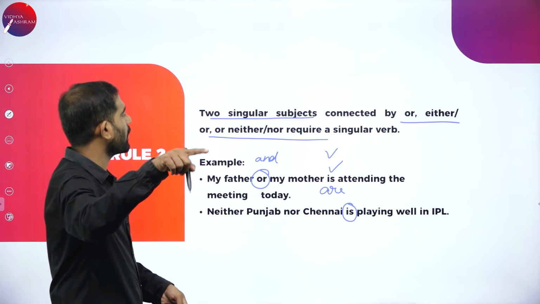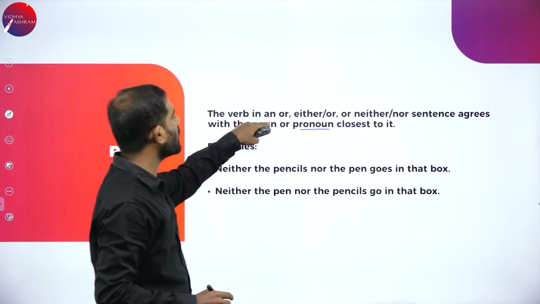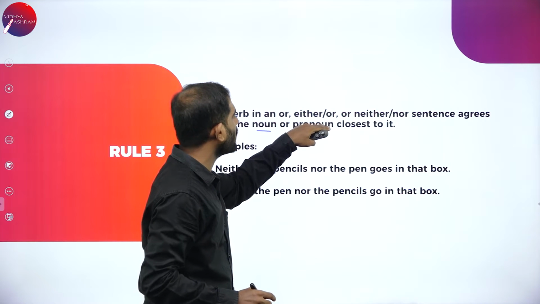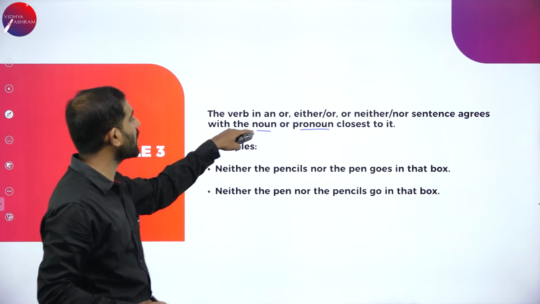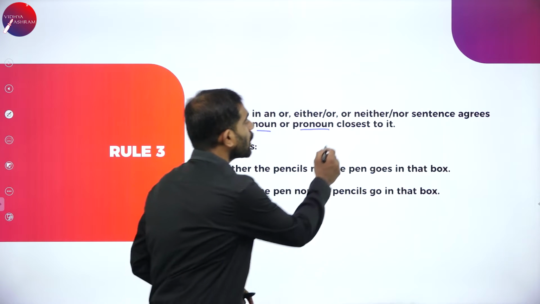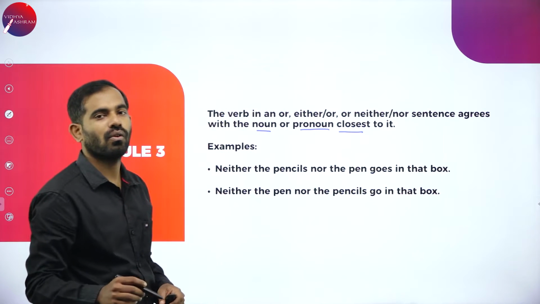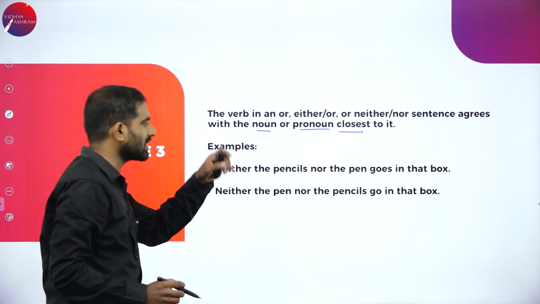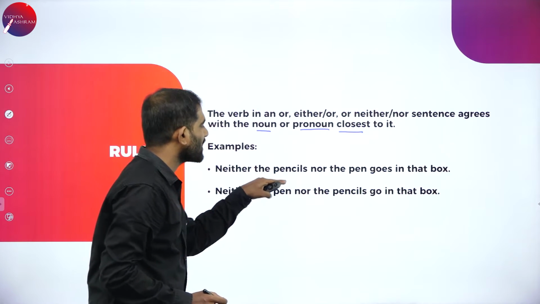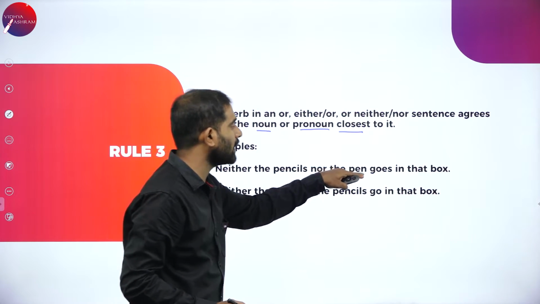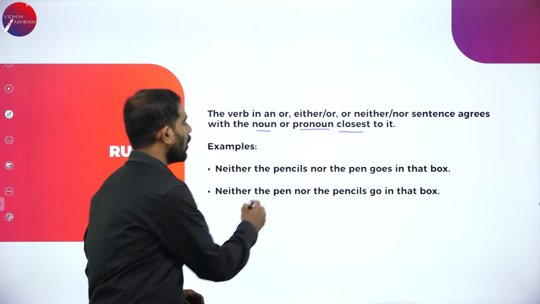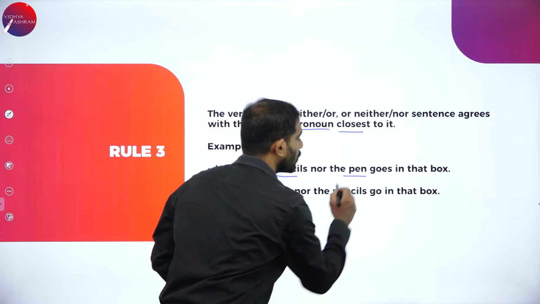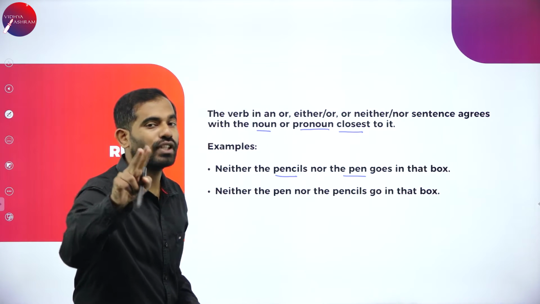But in rule number 3, we are talking about the verb in an or, either-or, or neither-nor sentence agreeing with the noun or pronoun closest to it. What is this closest to it? Look at these examples. Neither the pencils nor the pen goes in that box. If you observe, there are two subjects.